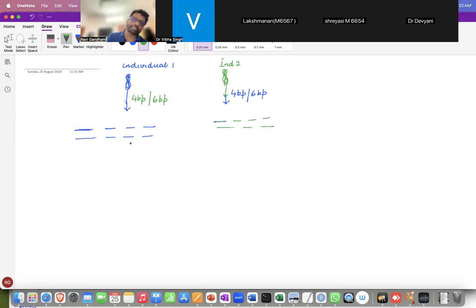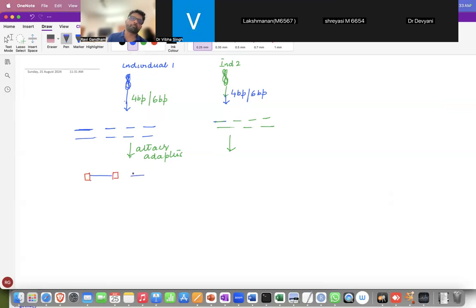Now what happens? The next step is what I told you: attach the adapters. After doing this, you attach adapters on both ends of all the fragments that you have, right? Adapters are one and the same, so I'll draw with the same color. You'll have adapters on both the sides, and you'll also have adapters on both the sides here, right?